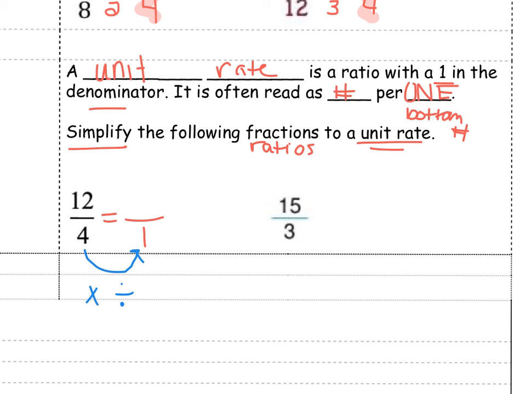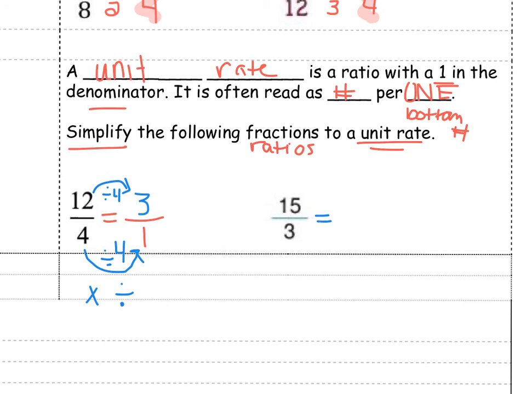And we are going to go over this in greater detail in the next video. So 4 divided by 4 is 1. If we do that to the bottom, we have to do it to the top. 12 divided by 4 is 3. So 12/4 as a unit rate is 3 to 1. So there might be 3 ladybugs to 1 flower.